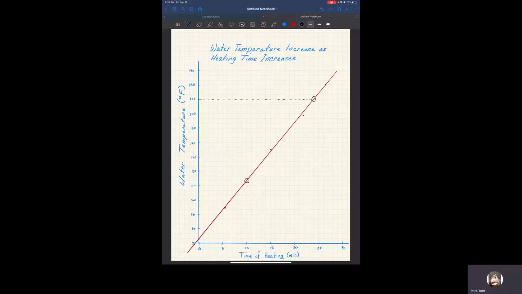And my Y is 170.0, and my X, I'm just going to come down and find out where it hits on my axis.